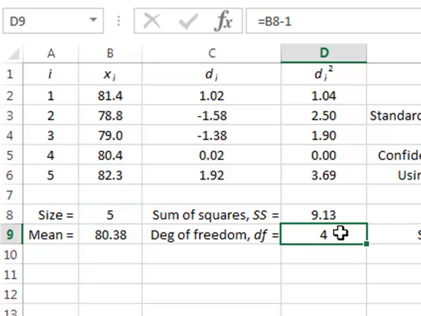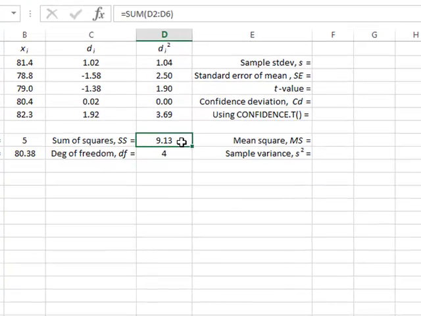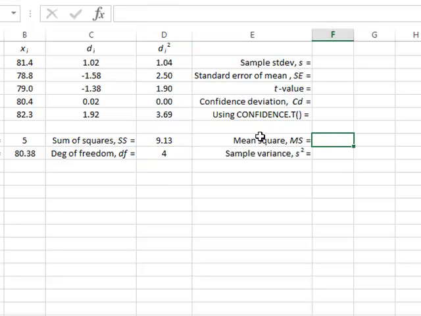For calculations of spread, we now have 4 degrees of freedom. So with a sum of squares and degrees of freedom 4, we can calculate something called the mean square value, which quite simply is equal to the sum of squares divided by the degrees of freedom, 2.28.